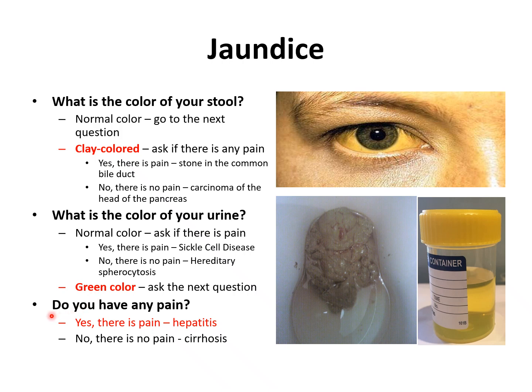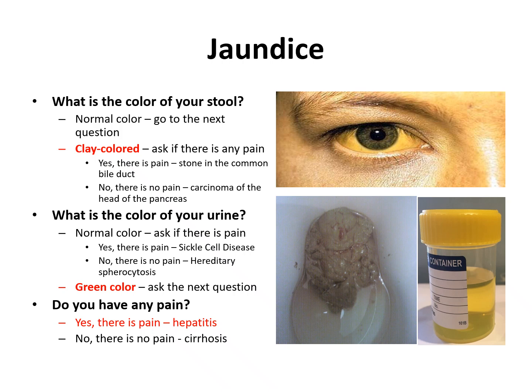And then you ask the third question in that situation. Is there any pain? If there's pain in the right hypochondrium, the cause of intrahepatic jaundice would be hepatitis. If there's no pain, it is cirrhosis.